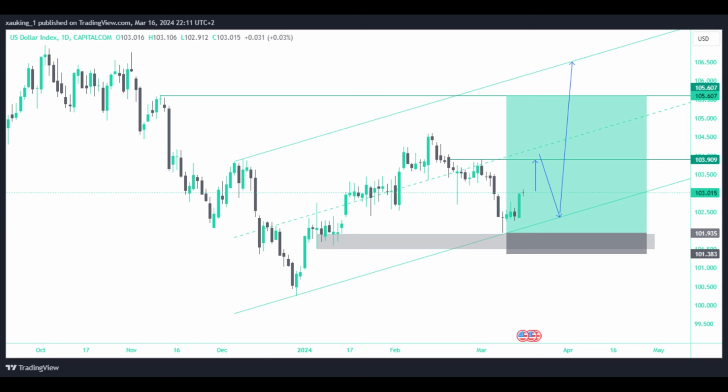So we are expecting to break the 50% zone of the Fibonacci. This is where the $103.9 mark lies. But before we break, we should expect a retracement below to the $102, and then we will move up all the way to the 106 American dollars. Consequently, this will automatically bring gold down.